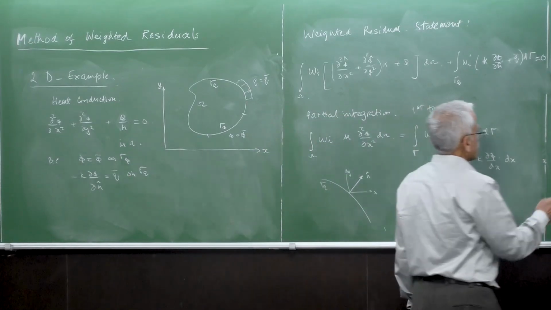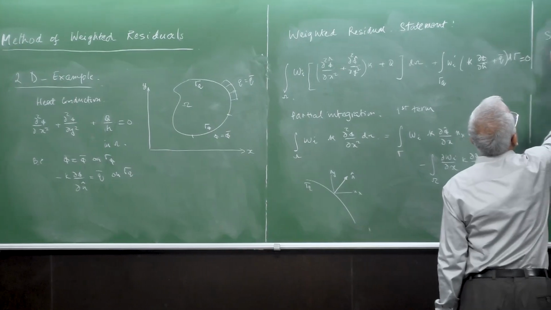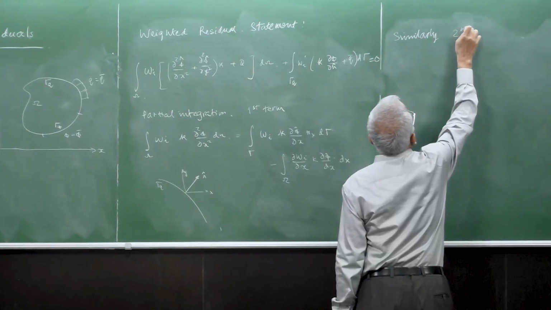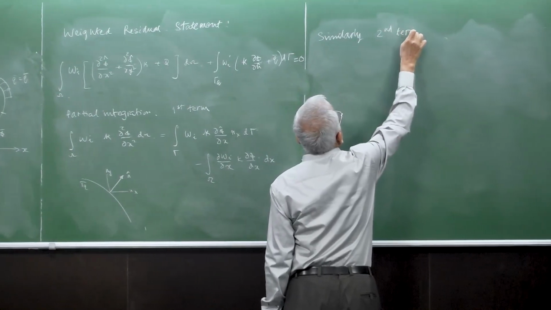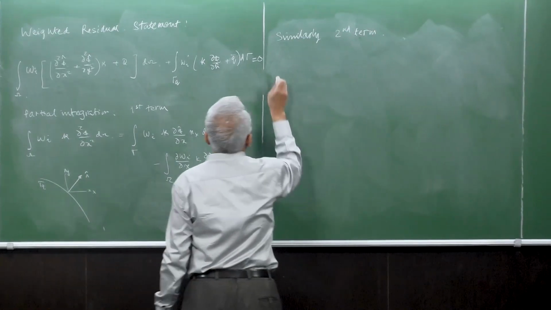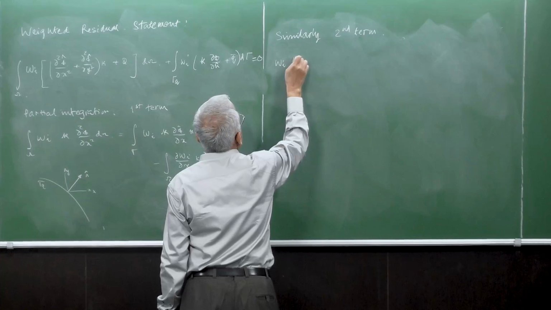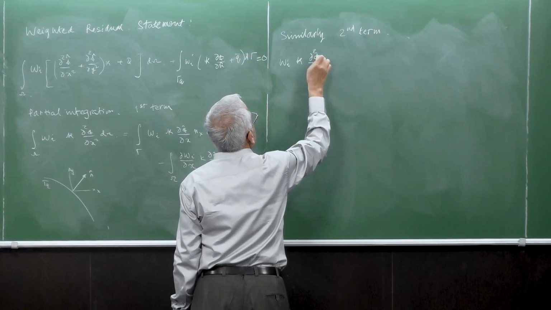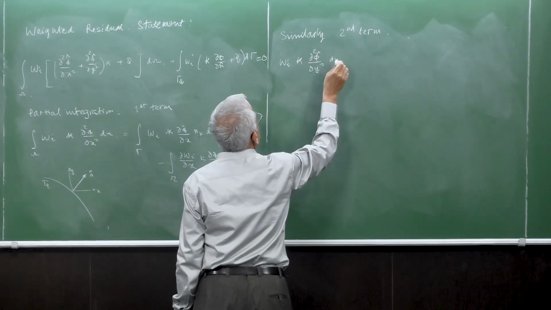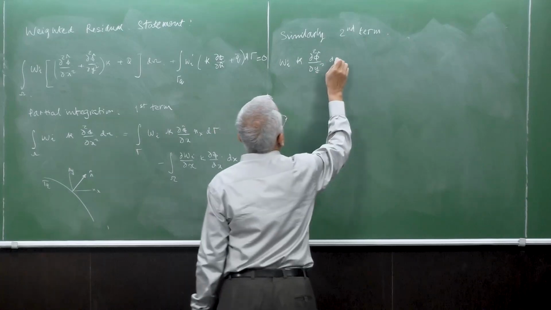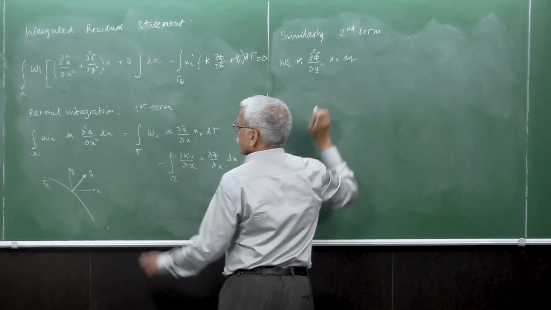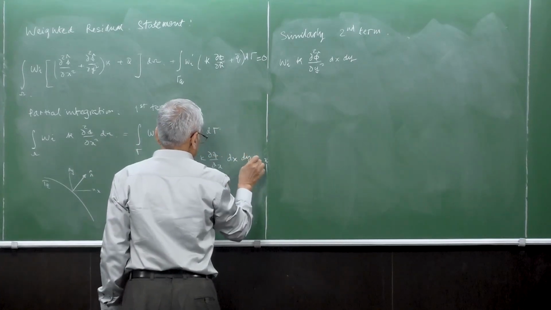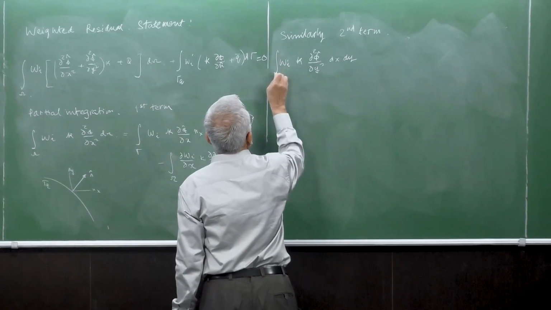Similarly the second term will be Wi k ∂²φ/∂y² dx dy, or dΩ. This dΩ here is dx dy, I'm sorry, I have to keep writing it.